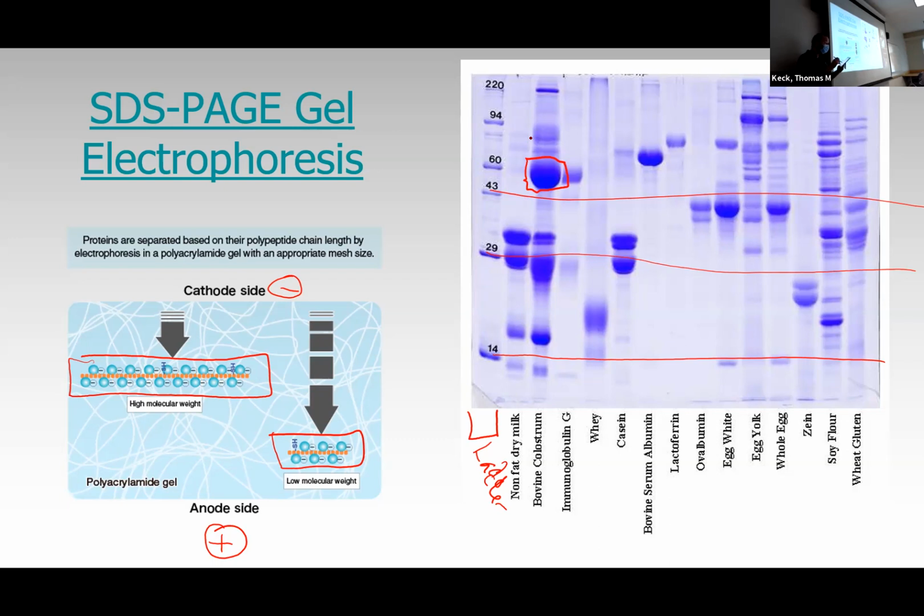In this case, these are each different examples of proteins that you would find in, for example, this first one, non-fat dry milk, and then bovine colostrum. Colostrum is the milk that mammals produce usually in the first week or two of the new baby's life.